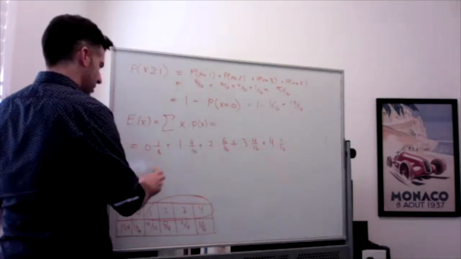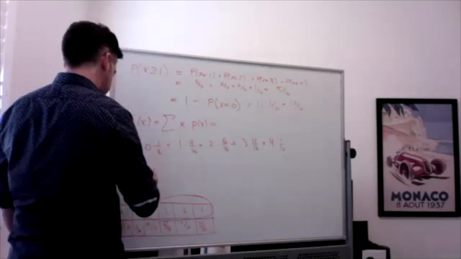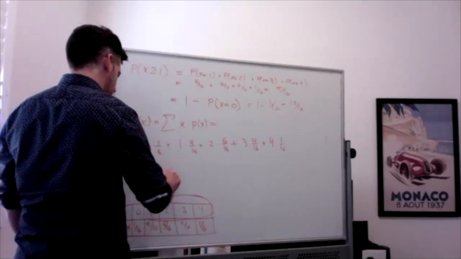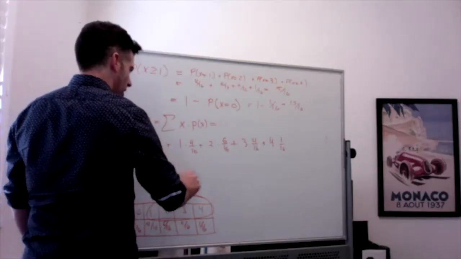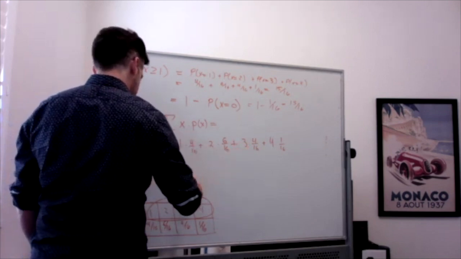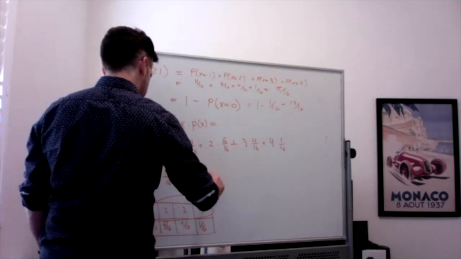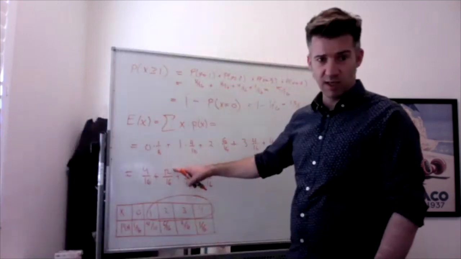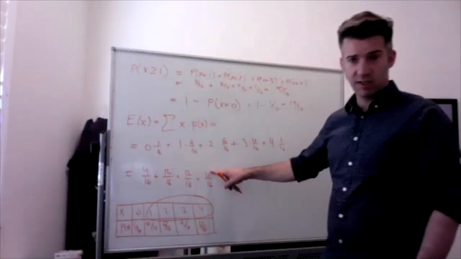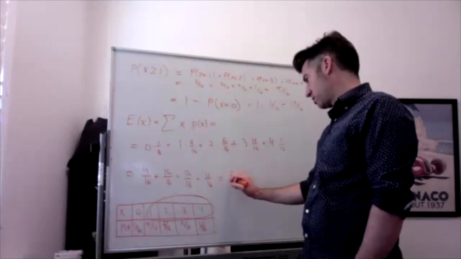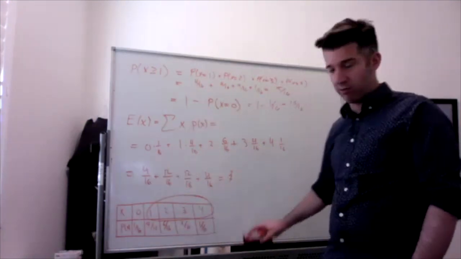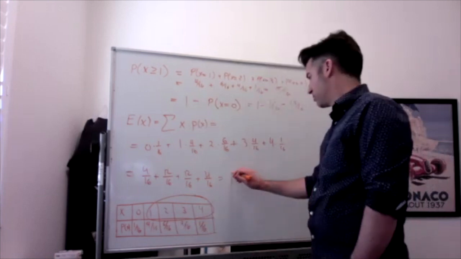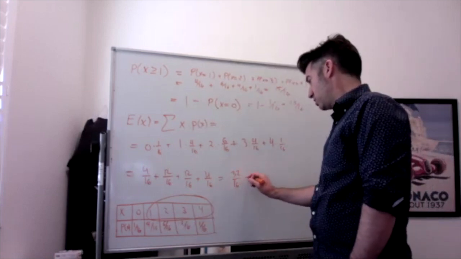That's going to be, let's see, 0, 4/16, 12/16, 12/16, 4/16. So adding that up, 4 plus 12 is 16, plus 4 plus 12 is 16, so I get 32/16. That's the funniest 3 I've ever drawn, which is 2.